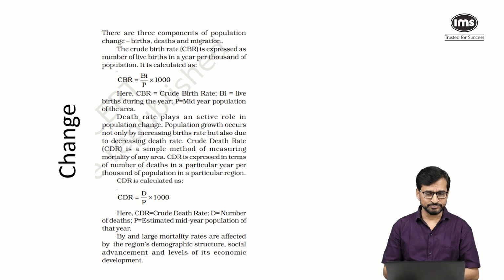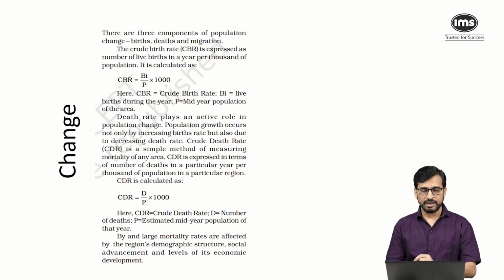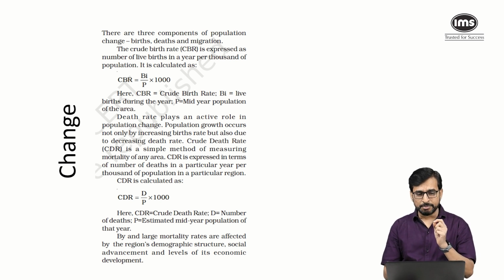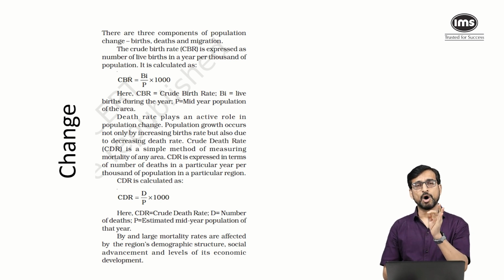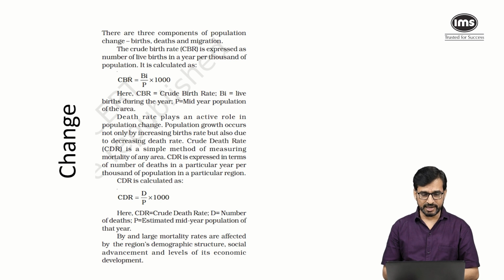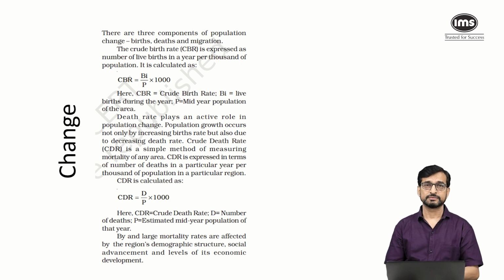What is CBR? CBR is the live births during the year, the total people born in that year, divided by the mid-year population of the area, multiplied by 1000. Many times in CBET, this formula has been directly asked as an option. So you can think of having a good hand with formulas.